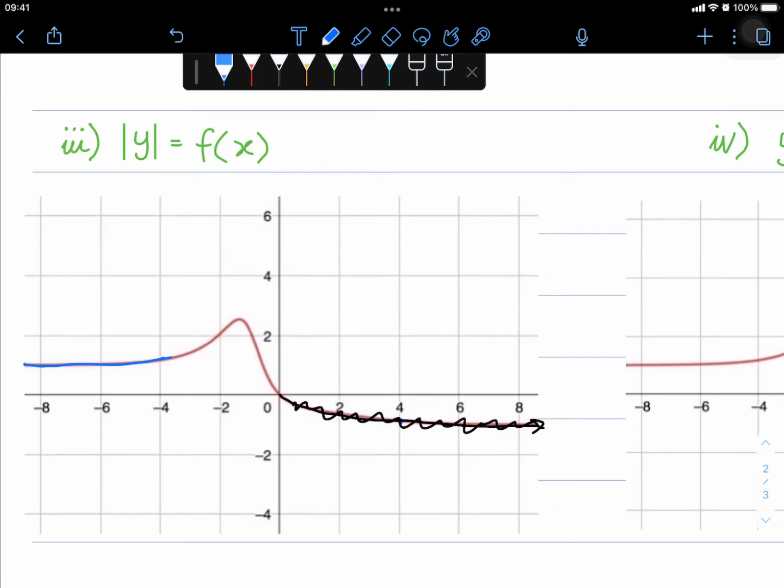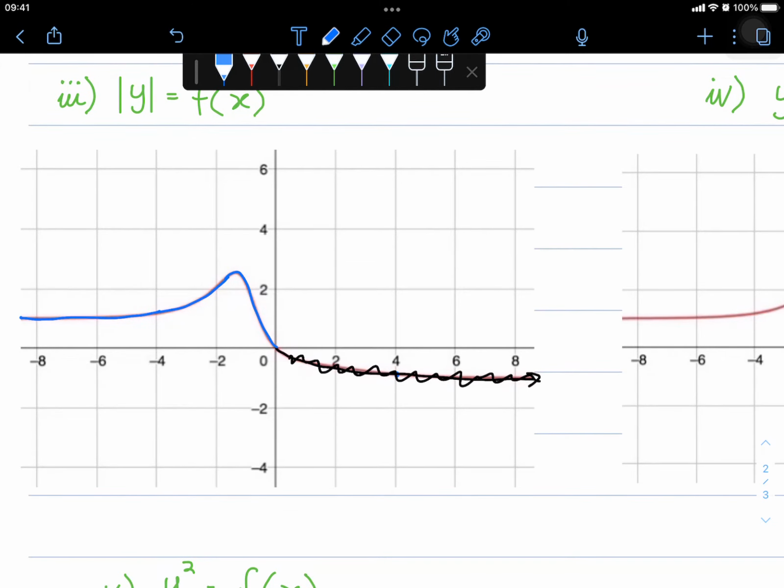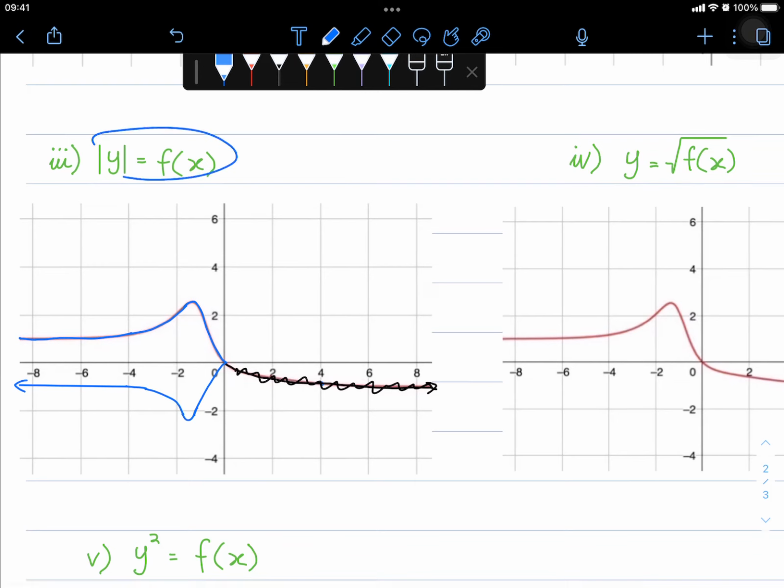So these all still exist in this relation. But now at the same time, it will now have a reflection along the x-axis. Something to this effect. It's hard to draw perfectly, but I hope you understand the effect that it has. So that there in blue is what exists for this relation. Absolute value y is equal to f of x.